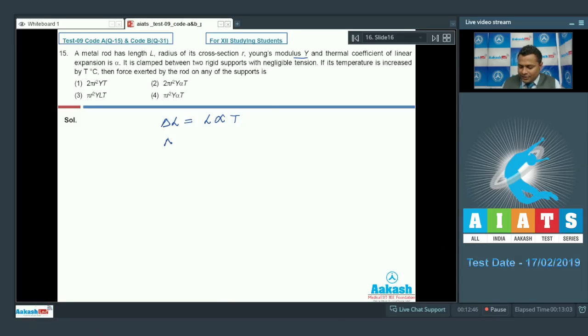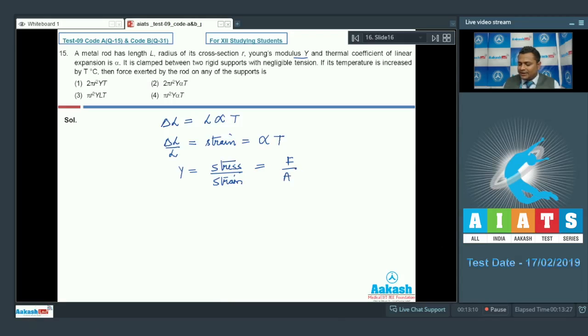So from here we get change in length upon actual length, which is also known as strain, equal to alpha times T. Now we know that Young's modulus is given by stress divided by strain.